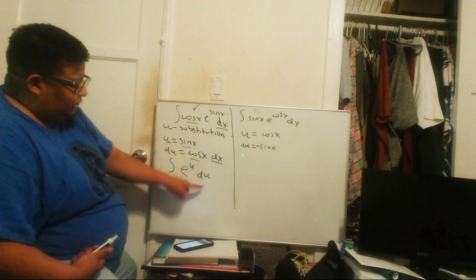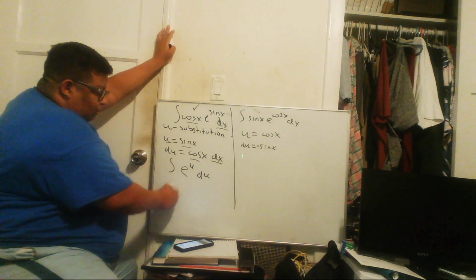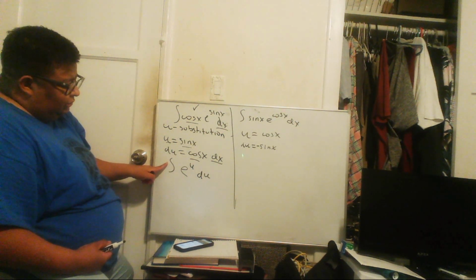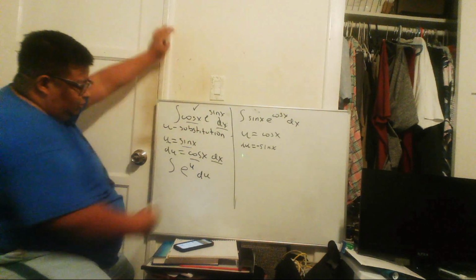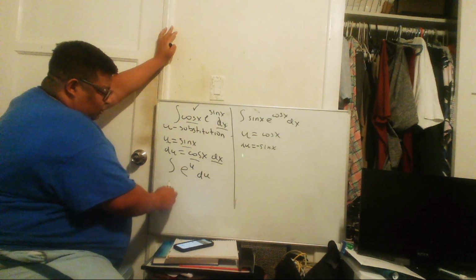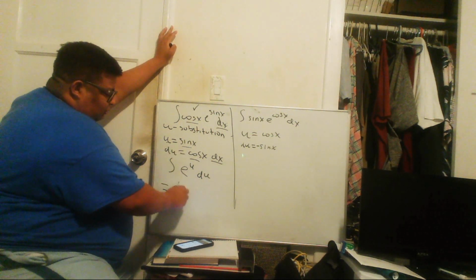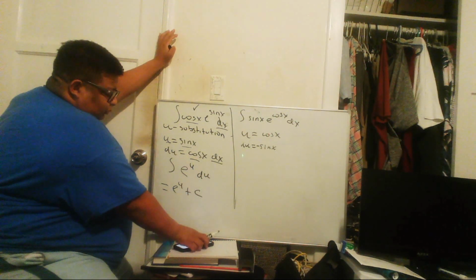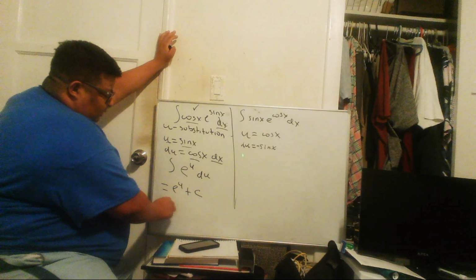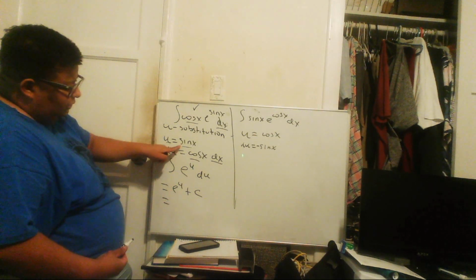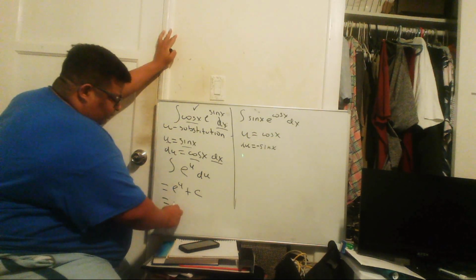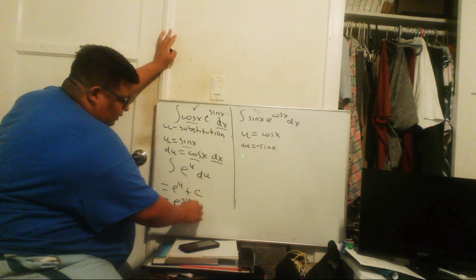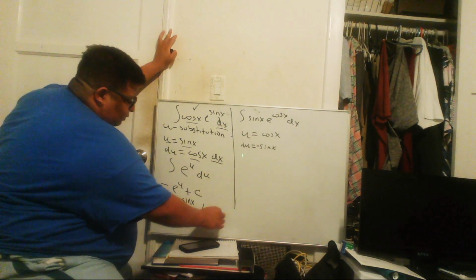Because this is an indefinite integral, you have to put plus c. So this becomes e to the u plus c, and that's equal to, u we said was sin x, so we plug back in: e to the sin x plus c.